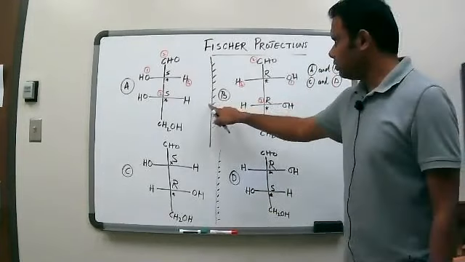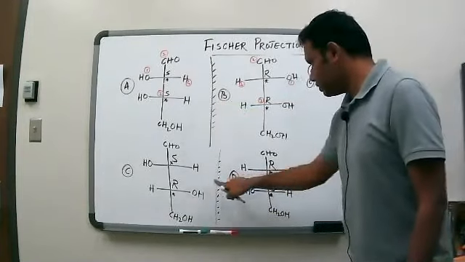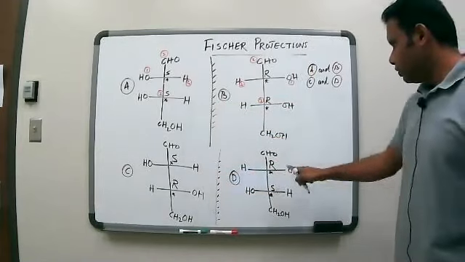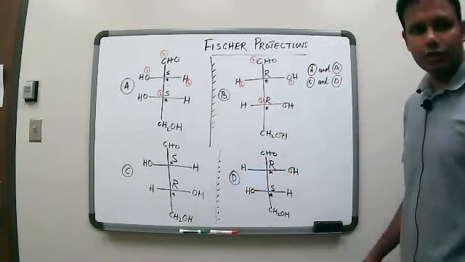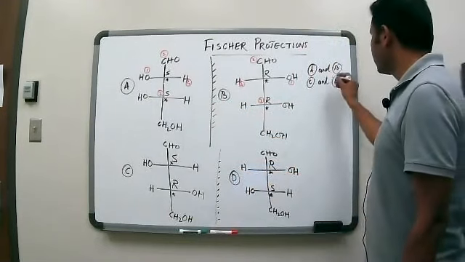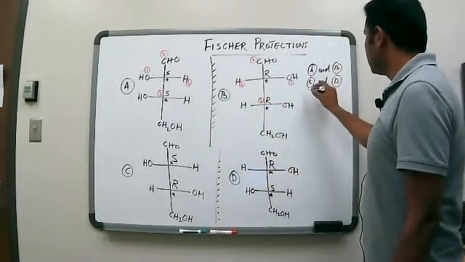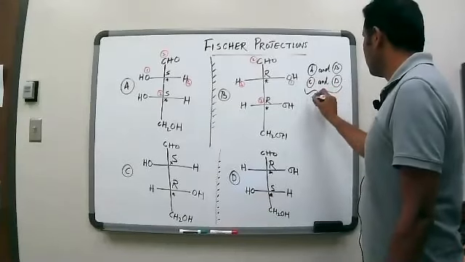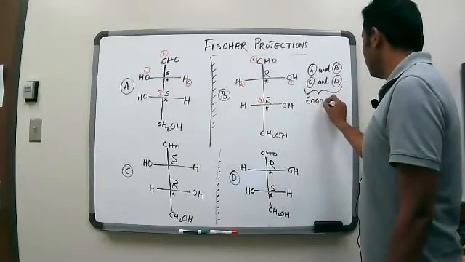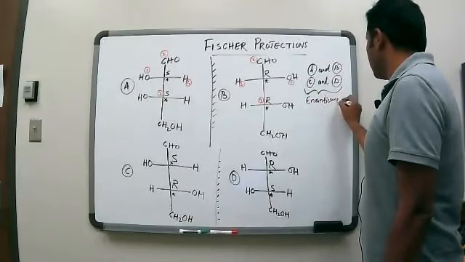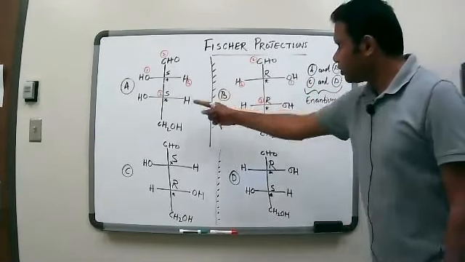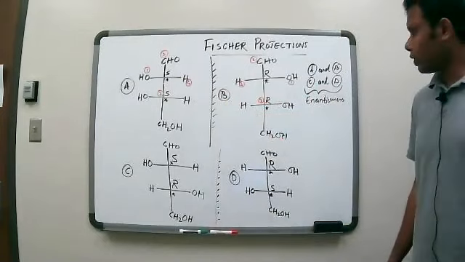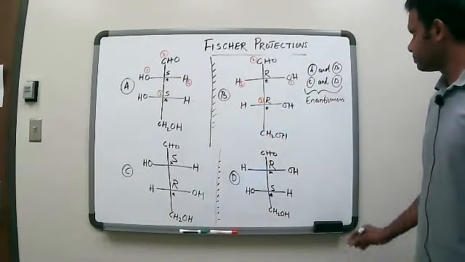A and B and C and D, notice how these are mirror images of each other and they're non-superimposable. So these are enantiomers of each other because they're related to each other as non-superimposable mirror images.